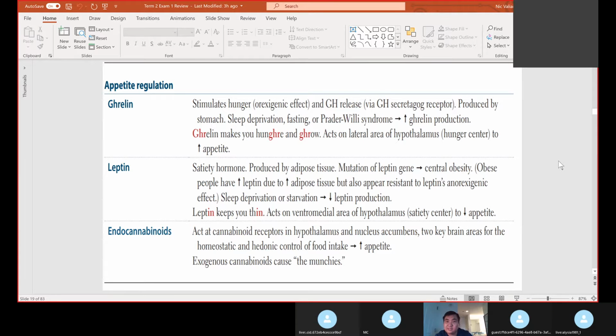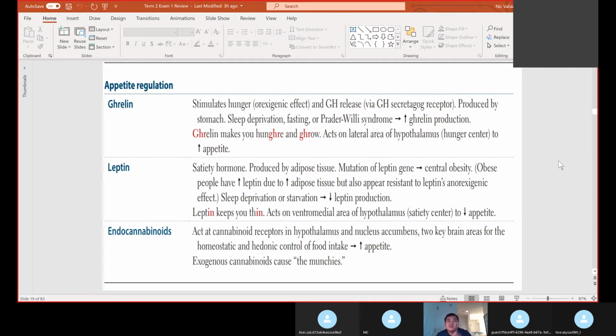For Prader-Willi, it starts with P, so it is paternal deletion. So what kind of uniparental disomy is this? Prader-Willi, paternal deletion of the allele, therefore it is maternal uniparental disomy. We're just refreshing our minds. We have the BSCE at the end of the term, from term 1.